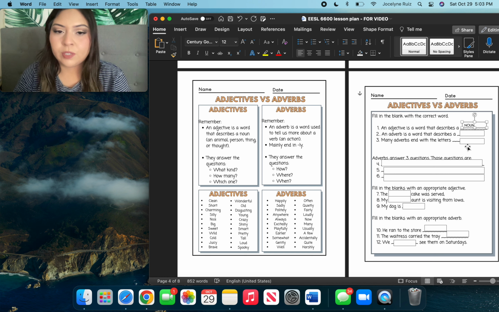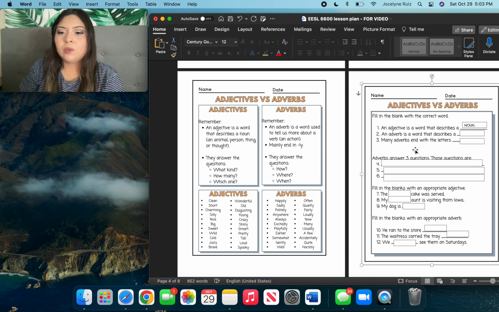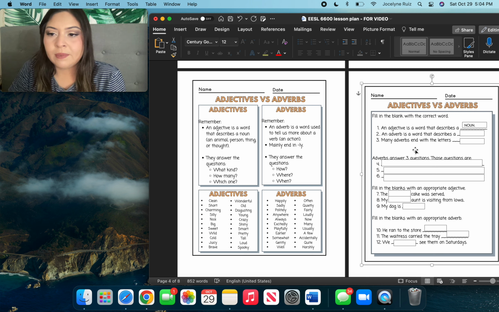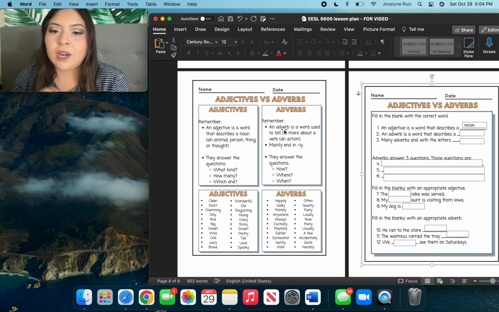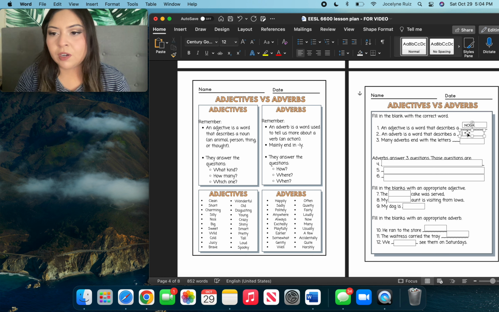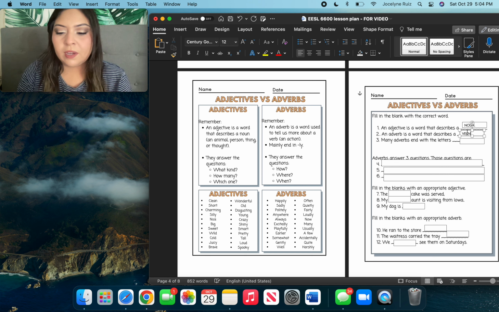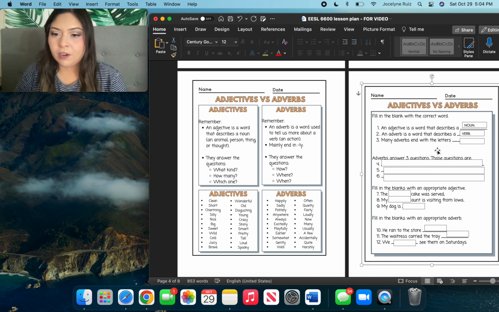Moving on to number 2, an adverb is a word that describes a what? An adverb goes with the verb. So we're going to put a verb right here. So an adverb is a word that describes a verb.